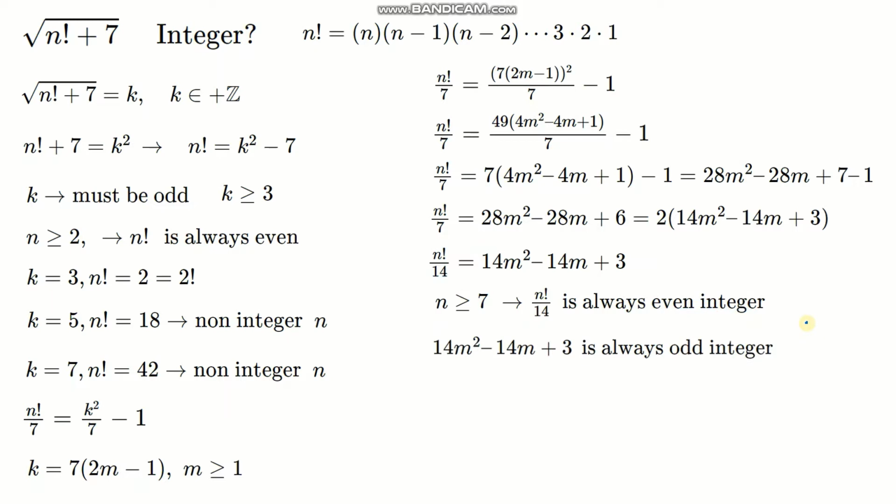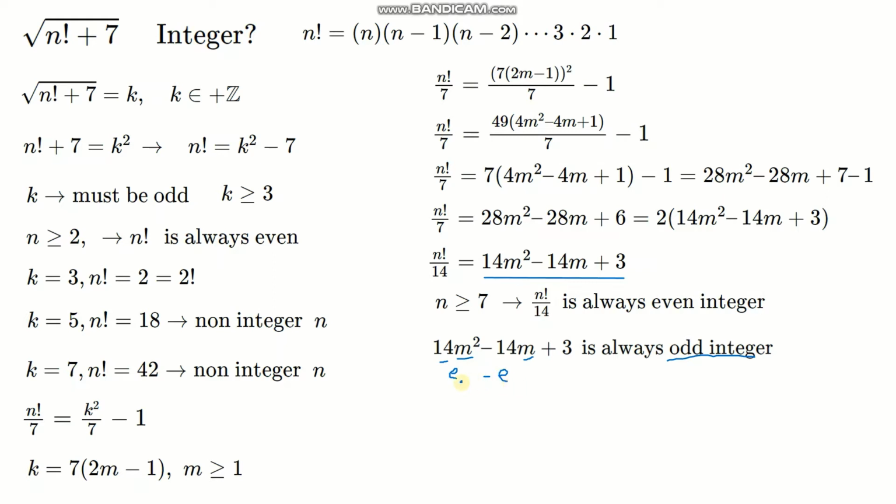Now for the right hand side, 14m squared minus 14m plus 3 is always odd, because when you input any value of m, 14 times something is always even, and 14 times something again becomes even.